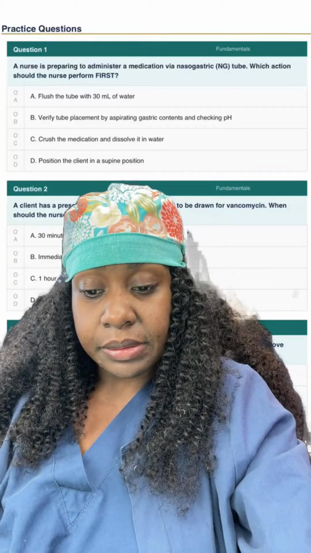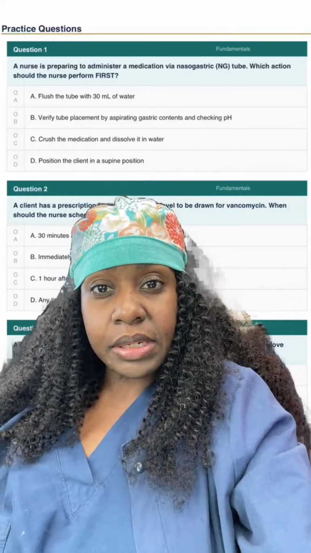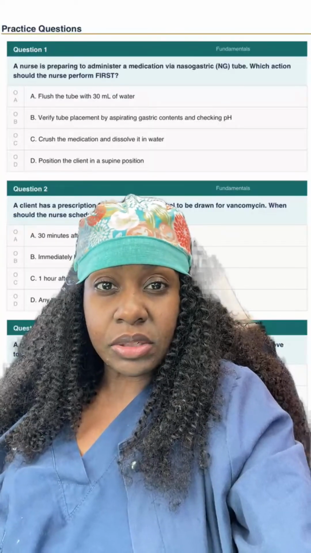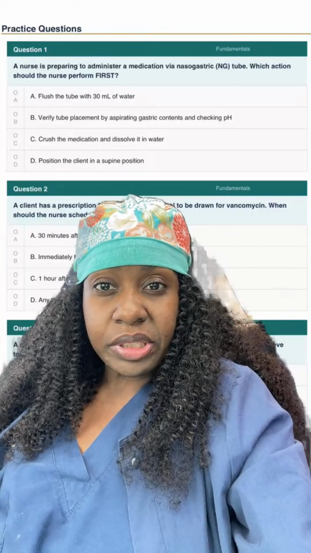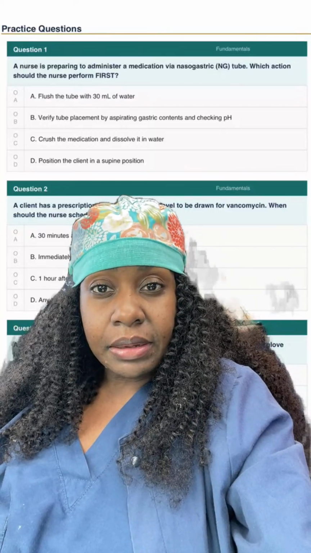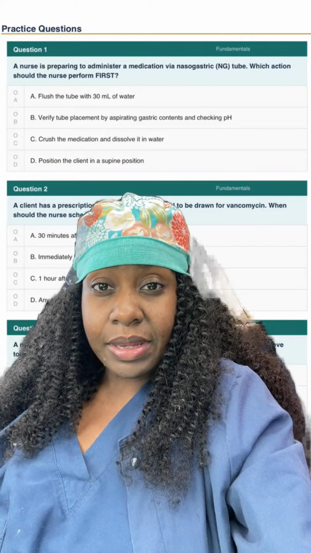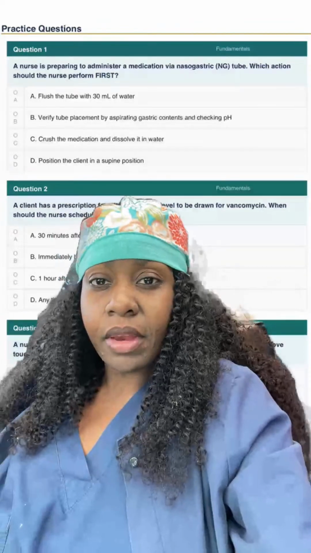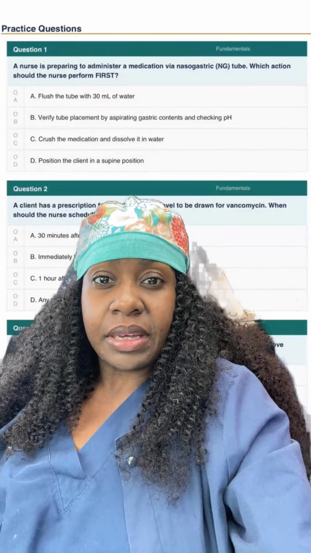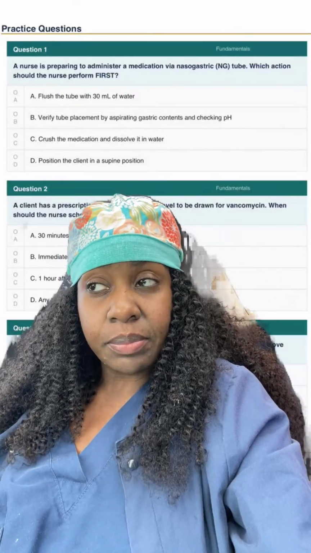Number one says a nurse is preparing to administer medication via nasogastric NG tube. Which action should the nurse perform first? A, flush the tube with 30 mLs of water. B, verify tube placement by aspirating the gastric contents and checking the pH.